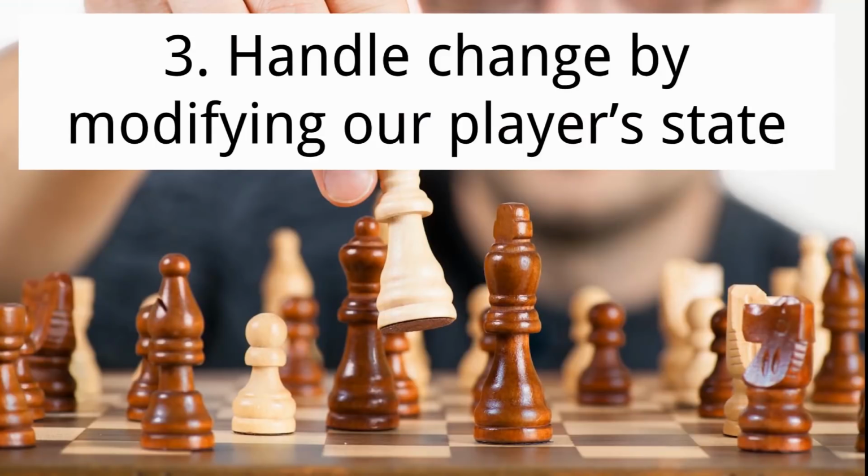Our third one, we can handle things just by changing our player's state. So we could say our player exists in the world, and we don't care if we replace that world completely. We make it totally different and just let the player keep existing in it. We'll move them to a place where it's not going to crash and where they're not going to fall through the terrain.